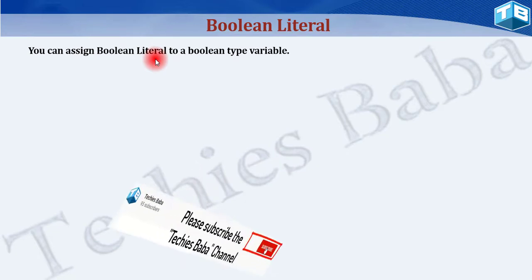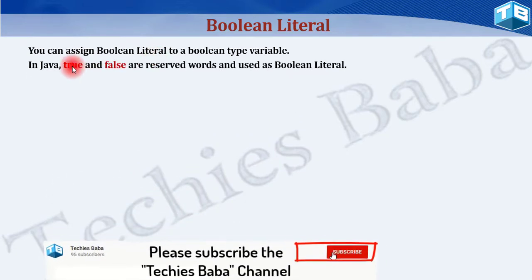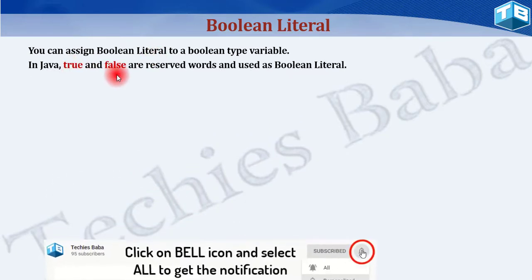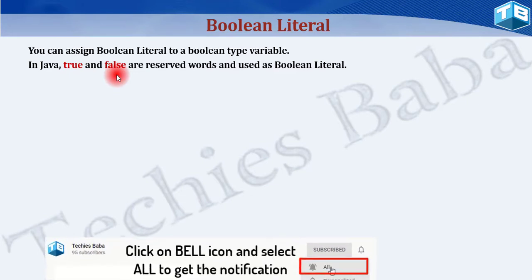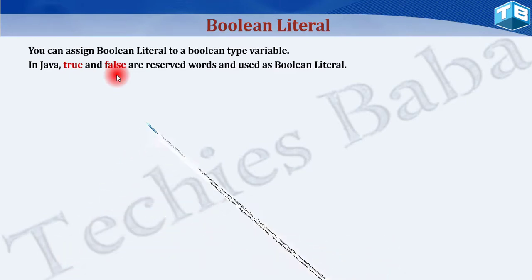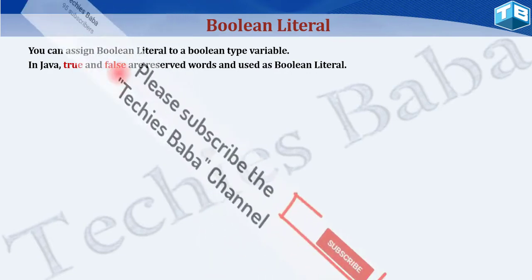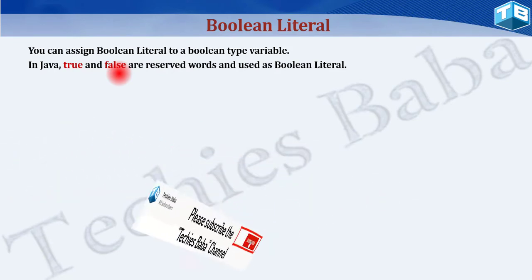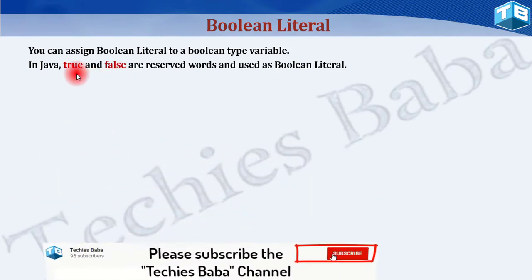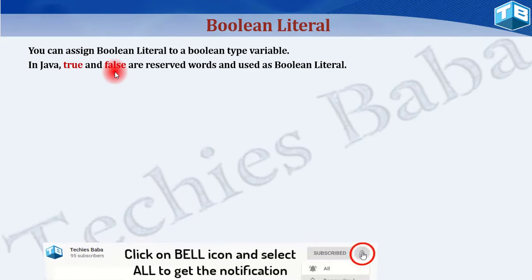Now in Java, we have true and false. These are reserved words. These are not keywords, but they are reserved for literal purposes. These are known as Boolean literals. True, false, and null: three words are reserved for literal purposes. In that, true and false are basically for the Boolean.